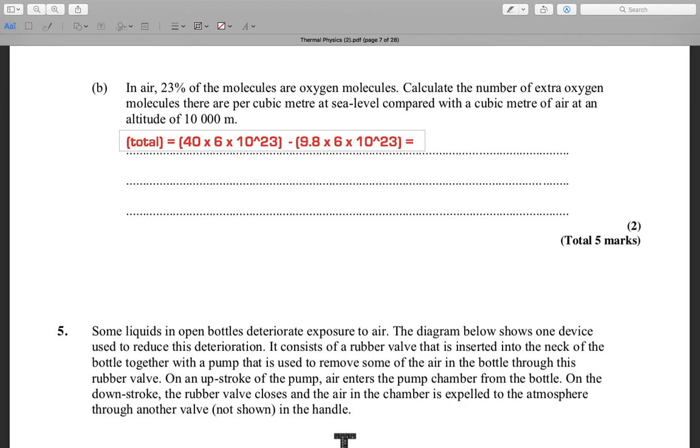This is around 1.8 times 10 power 25 particles.